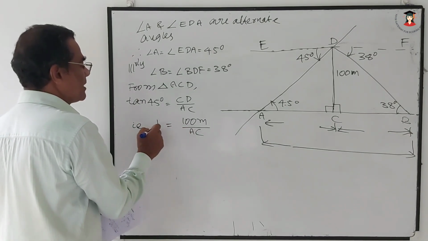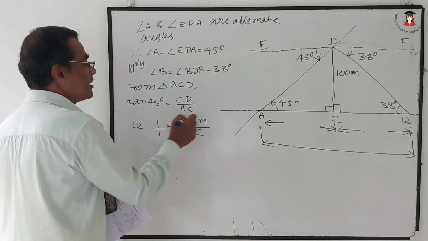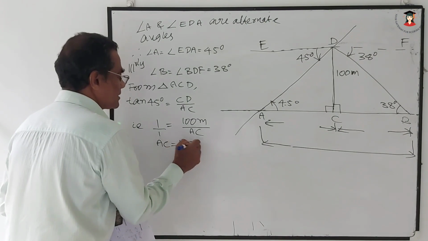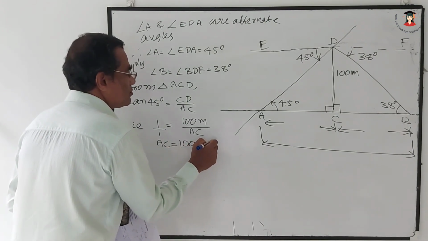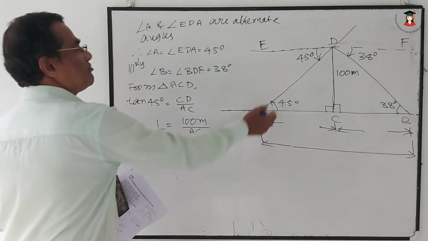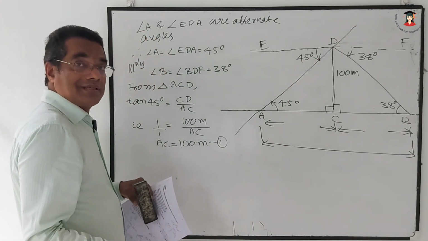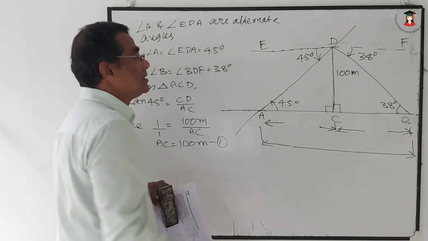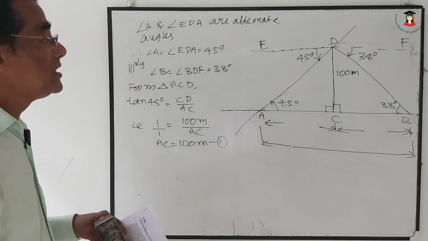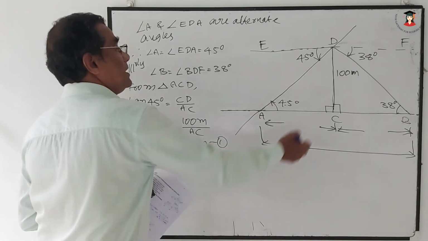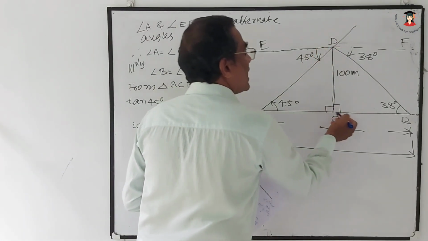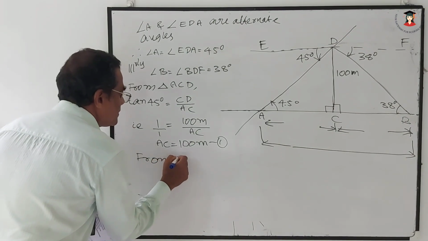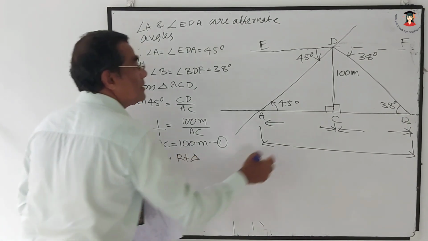By cross multiplication, 1 into AC equals 1 into 100 meter. So we got AC from this right triangle, and it is very easy to find because the height is given and an angle is also given. So using the tan ratio we found the distance. Here again we will use the same method. For that, we need to consider the triangle DCB.